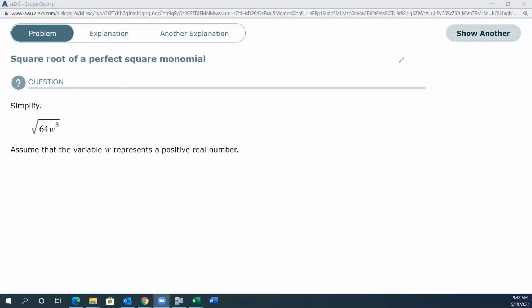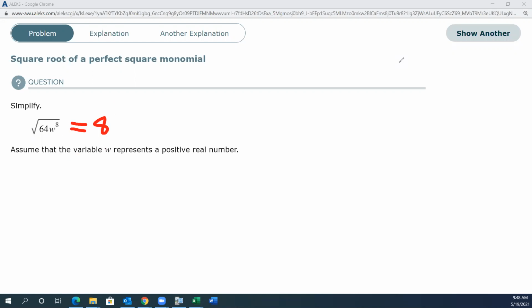Okay, so how do we simplify this one? Well, we know the square root of 64 is 8. Now we still have to handle the w's, but why is the square root of 64 8? Well, one explanation I gave just a few moments ago in this video is because if you square 8, that gets you back to the 64.